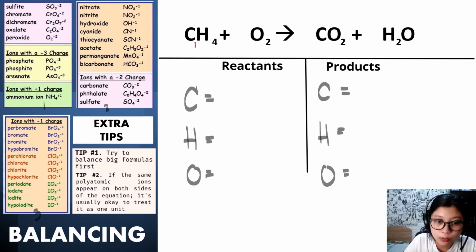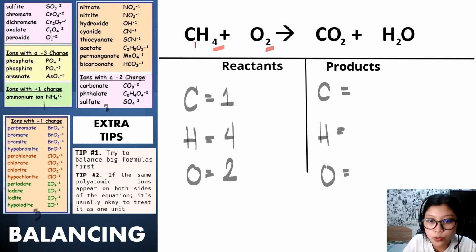This means that it only has one atom. So we will place here 1. In hydrogen, according to the subscript, there are 4. For oxygen, according to the subscript, you have 2.